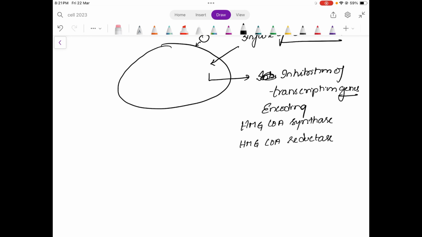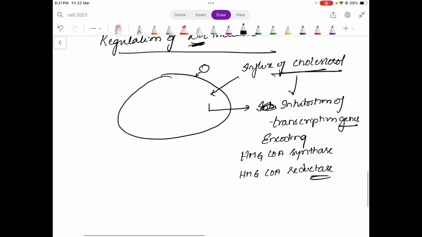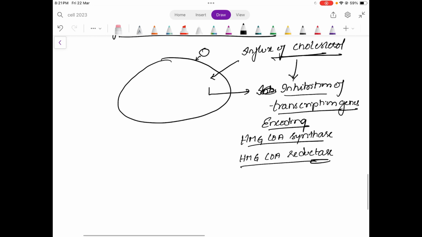These are the main enzymes which are involved in the synthesis of cholesterol. So these enzymes are not synthesized and de novo cholesterol synthesis doesn't occur.